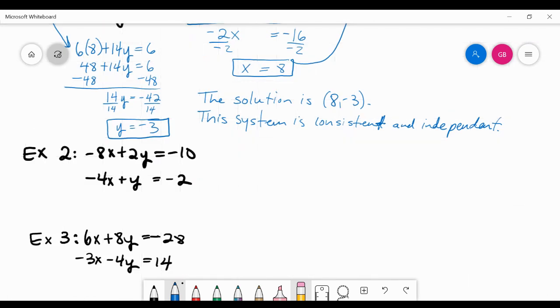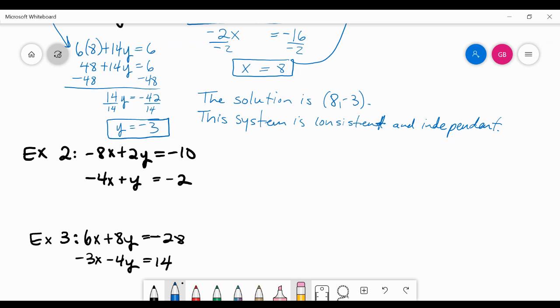Okay, example 2. We have negative 8x plus 2y is equal to negative 10, and negative 4x plus y is equal to negative 2. So you're looking for something to eliminate. Okay. So I'm going to focus on the y's.